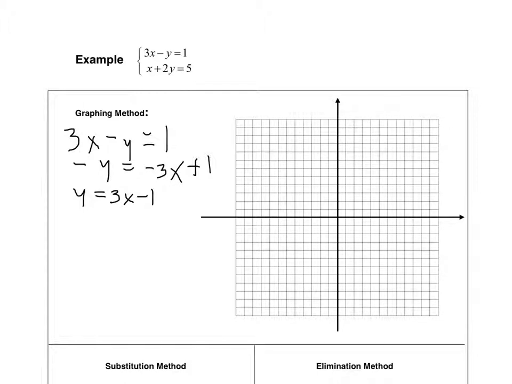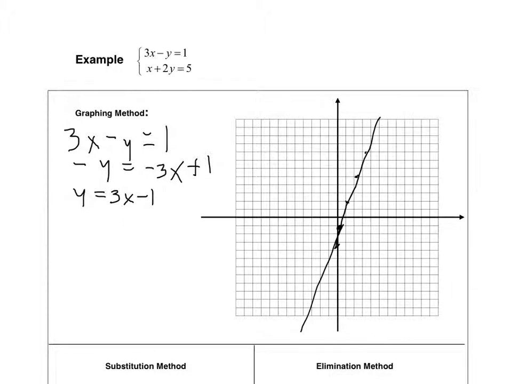So we could start off with the y-intercept, 0, negative 1, and then go up 3 over 1, up 3 over 1, up 3 over 1, using that slope, trying to draw with a straight line.